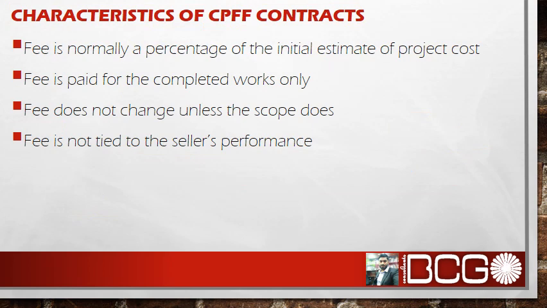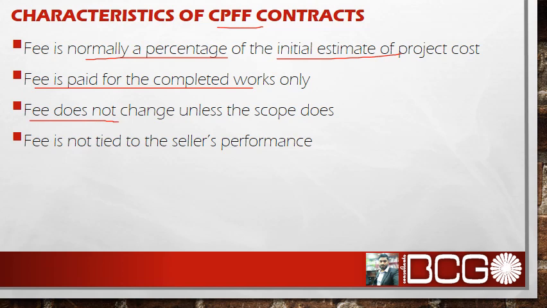Let's try to list down some characteristics of the CPFF contracts. The first one, as we said earlier, is that the fee is normally a percentage of the initial estimate of the project or the requirement or the acquisition or procurement, whatever. The second one, the fee is paid only for the completed works. It is not paid for the works which are declared incomplete or remain incomplete.